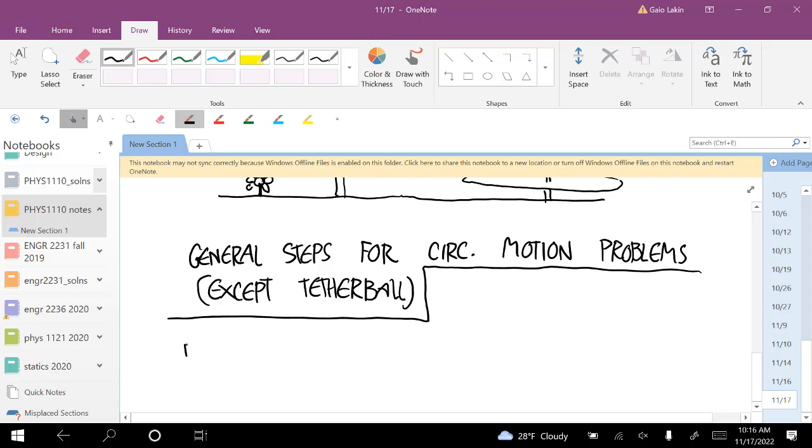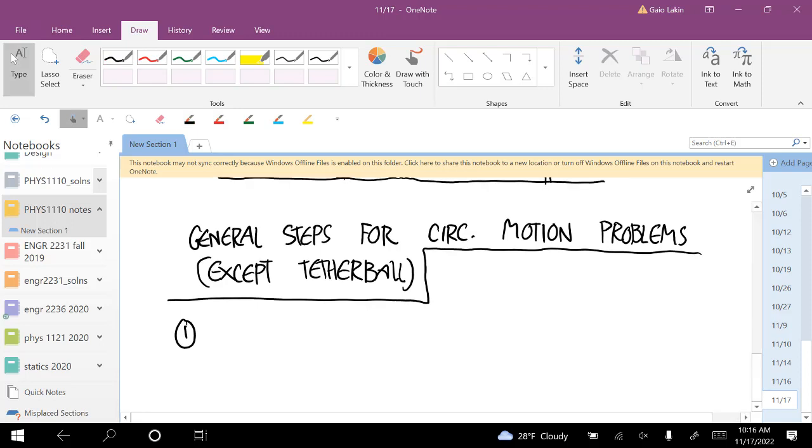So the first step is, you see a problem, you recognize that it's not a tetherball problem, and so now you're in this set of steps. The first thing you want to do is choose a view of the problem where you're looking at the circle, where you can see the circular shape of the motion.